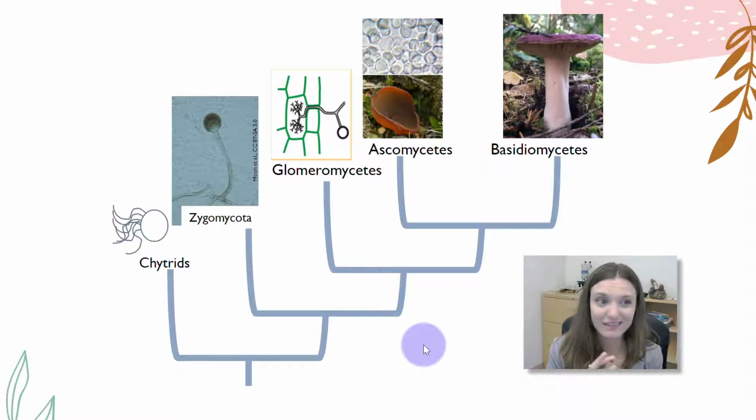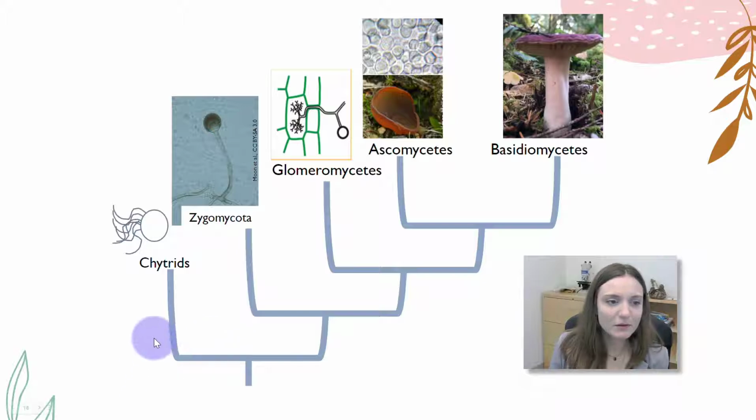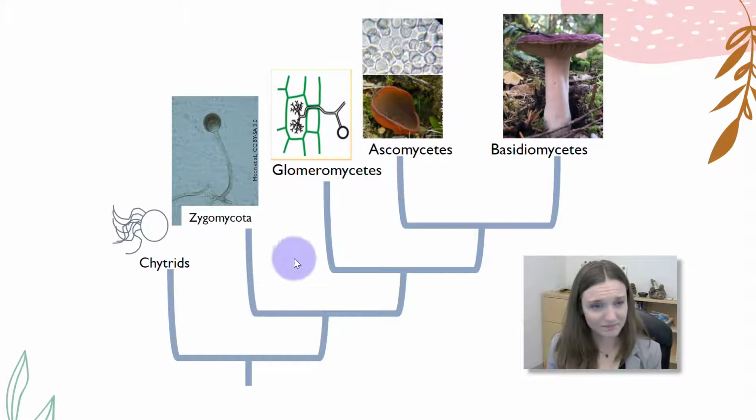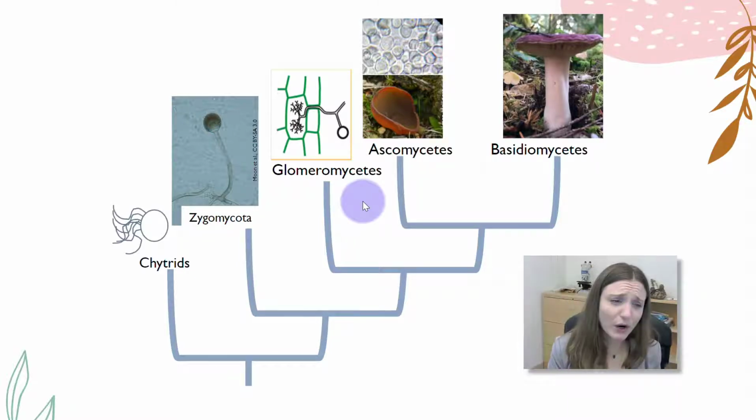So different groups of fungi. We don't have a whole lot of time in our class to dive into the different groups of fungi. There's hundreds of thousands, if not millions, of different species of fungi, and we can break them up into these 5 groups. Some people might say that this would be a polytomy here. Some people say that we've completely resolved it. It's still kind of up in the air, but regardless, we group fungi based on their reproductive structures.